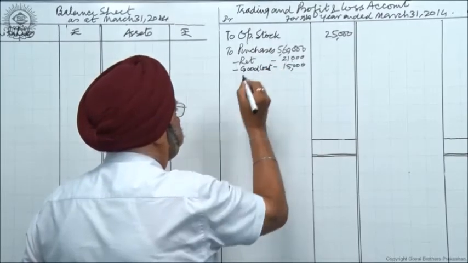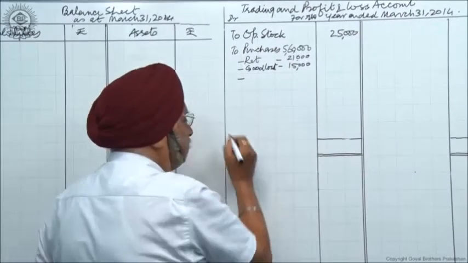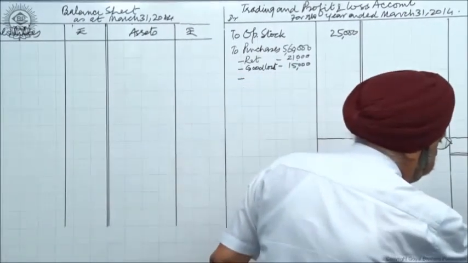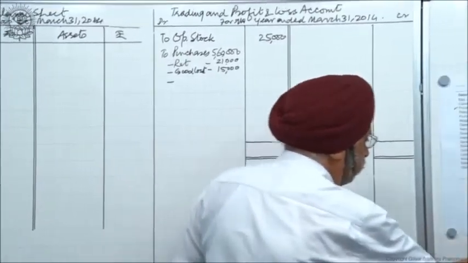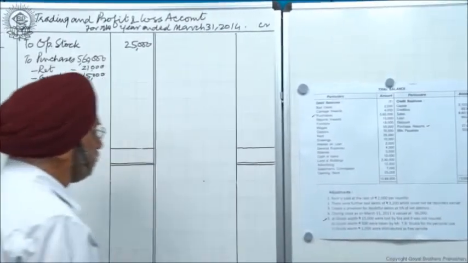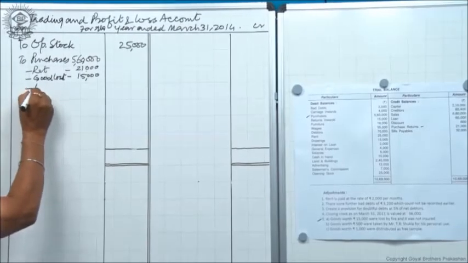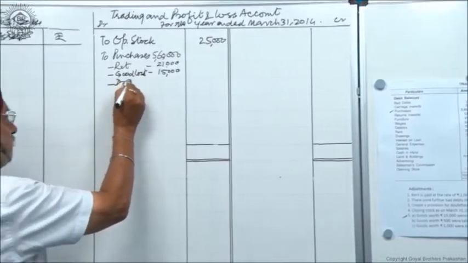Second goods adjustment is goods for 500 were taken by the proprietor for personal use. This is drawings. इसको drawings लिख दो, ये drawings में आएगी.